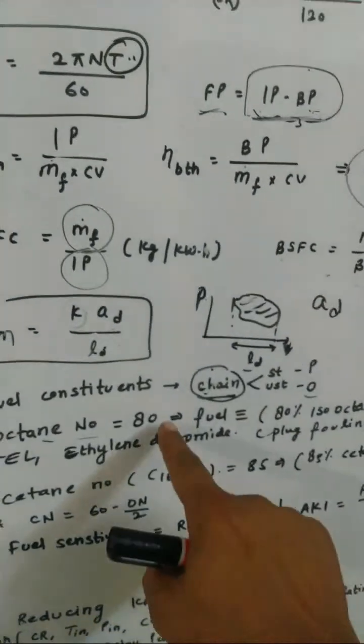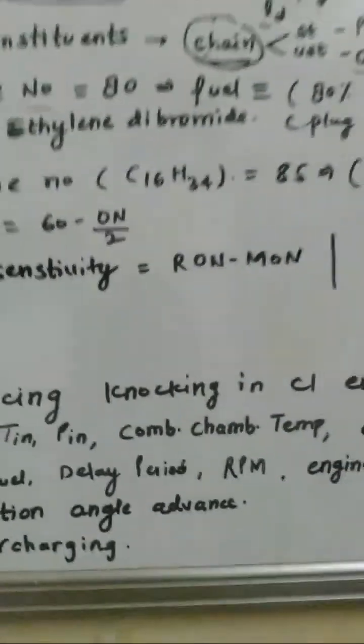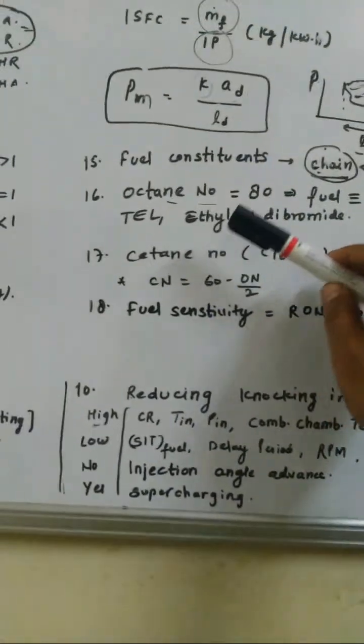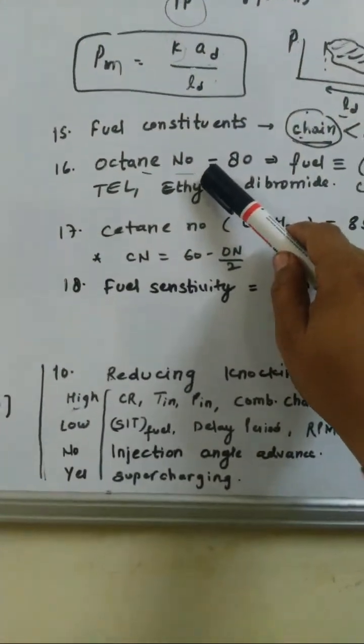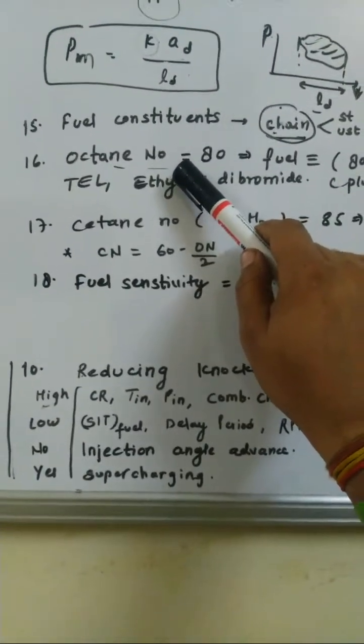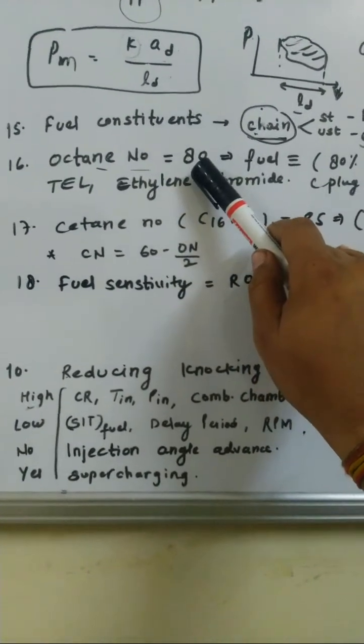Octane number 80 means that suppose we are using one fuel or petrol, and we have tested this fuel and got an octane number of 80.